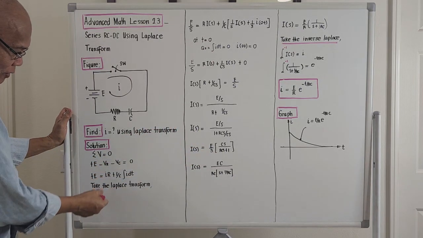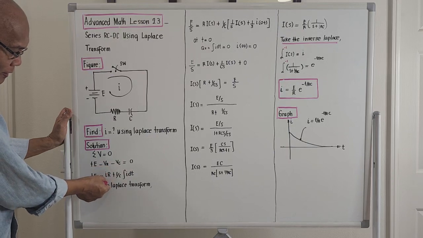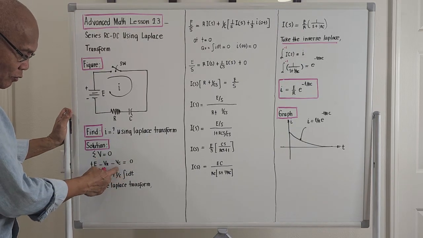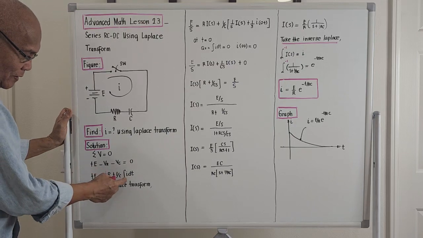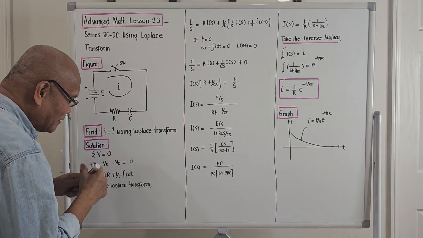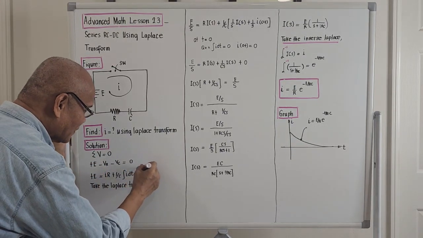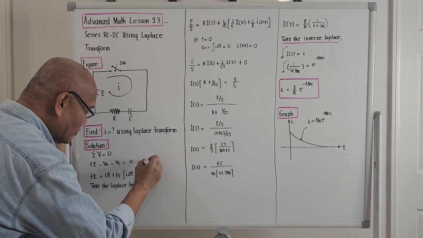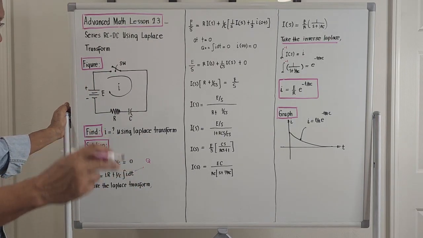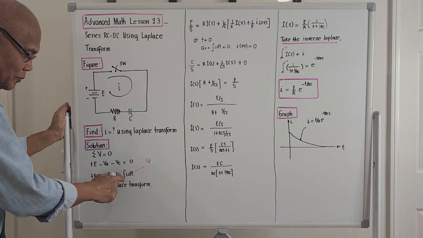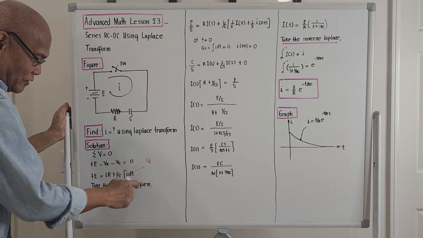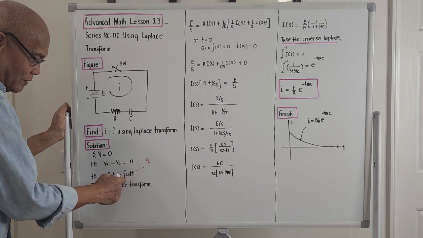V sub R is the product of current times R, and V sub C is 1 over C times the integral of i dt, where the integral of i dt is Q, the charge on the capacitor. The charge on the capacitor is the integral of i dt.